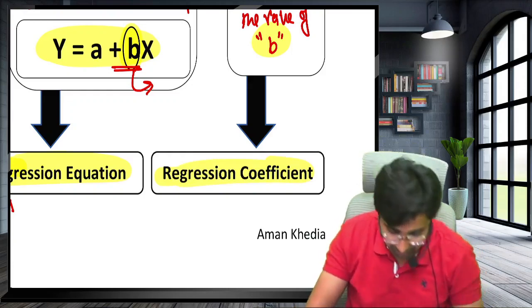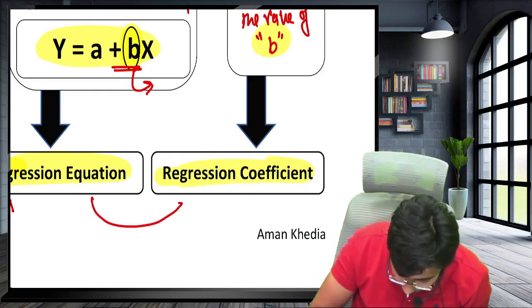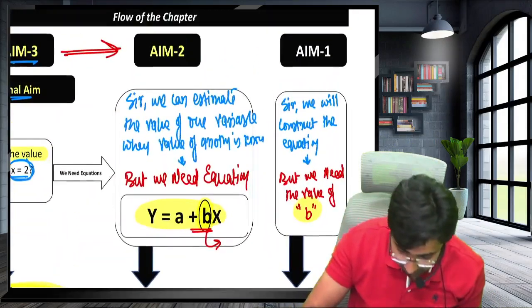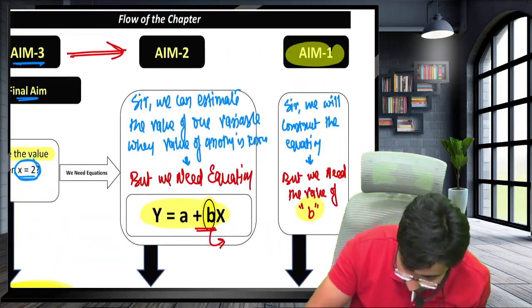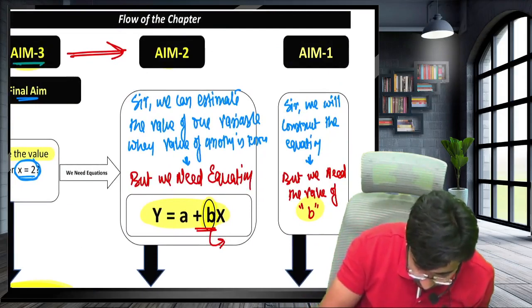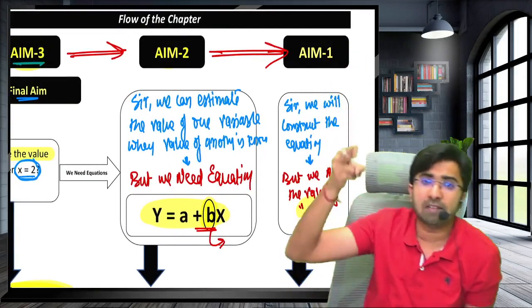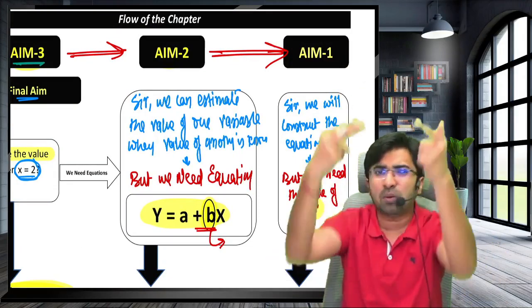Here come the 3 aims in this chapter: aim number 1, aim number 2, and aim number 3. Once you achieve the aim number 1, you have the value of b, and you will put it in y equal to a plus bx.